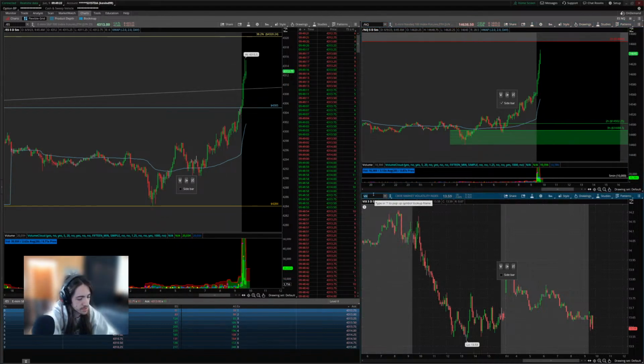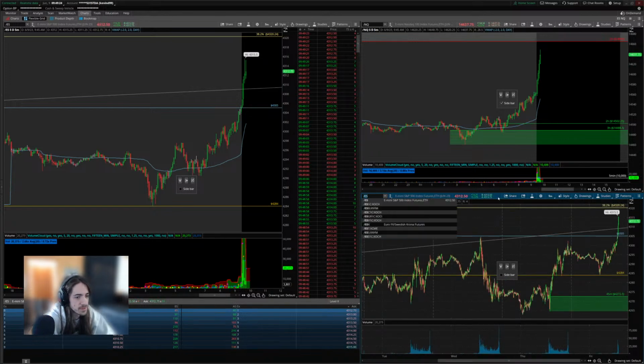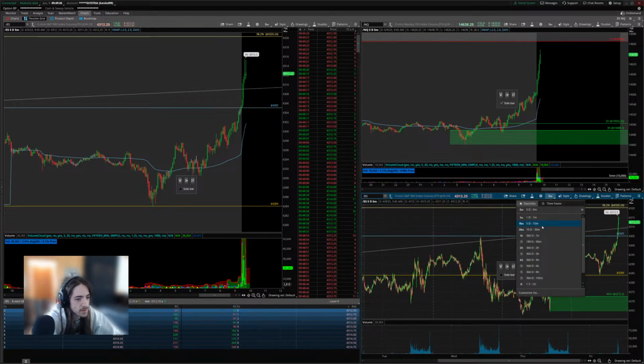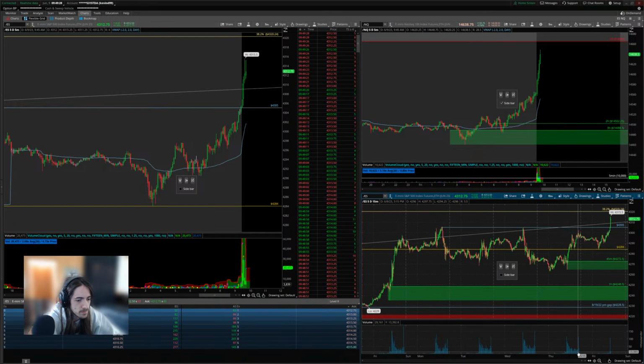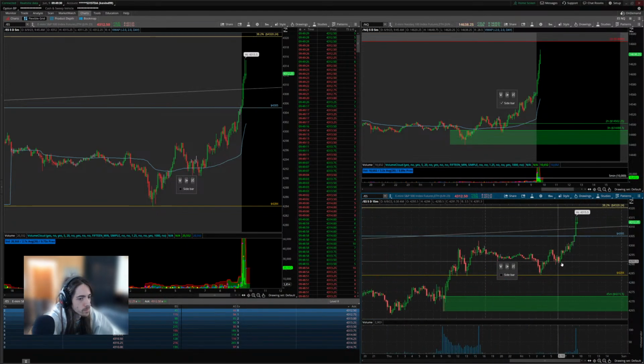I think I want ES on this chart too, but on a 15-minute. Yeah, that's good. Alright, I'm gonna wait for a little pullback to get this candle red, and then let's see guys.